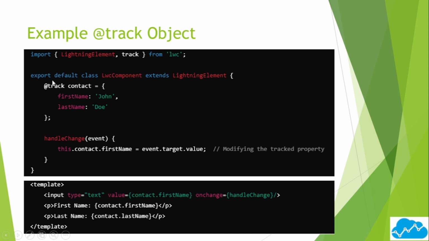Here this is the JavaScript file, this is our class, and it is extending LightningElement. Here we are taking a standard object contact, and in this we are taking the fields first name and last name. Also we are putting the value for first name and last name, and we are decorating this with the @track decorator.